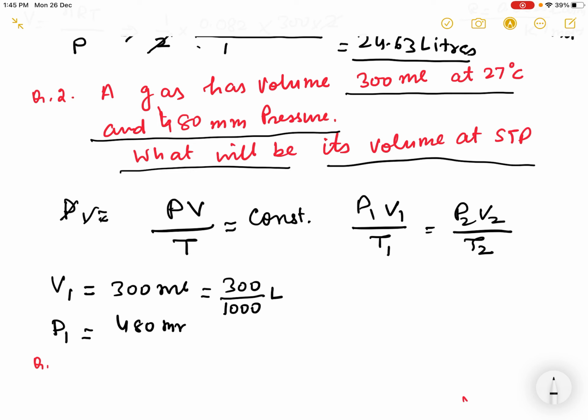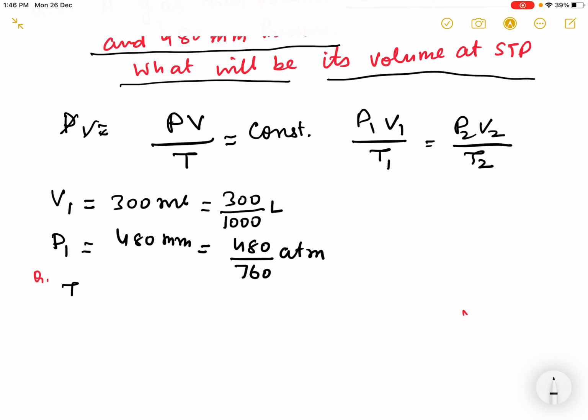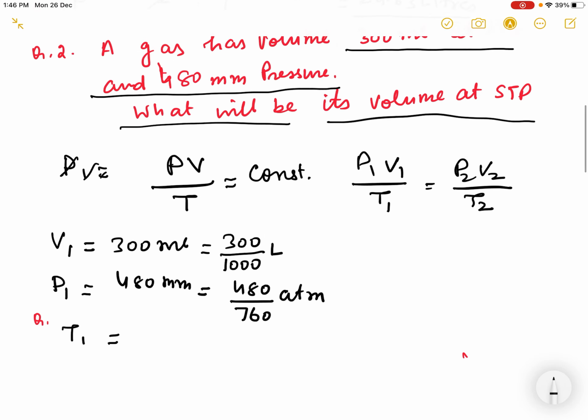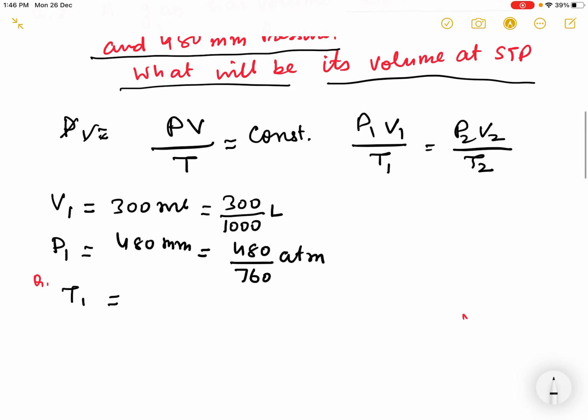Now we convert into atmospheric, and it will be 480 divided by 760 atmospheric pressure. And T1 is equal to 27 degrees C, and we convert it into Kelvin, and that would be 27 plus 273, 300 Kelvin.